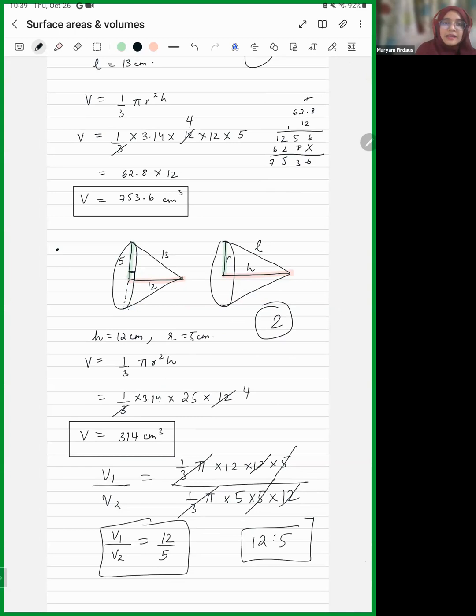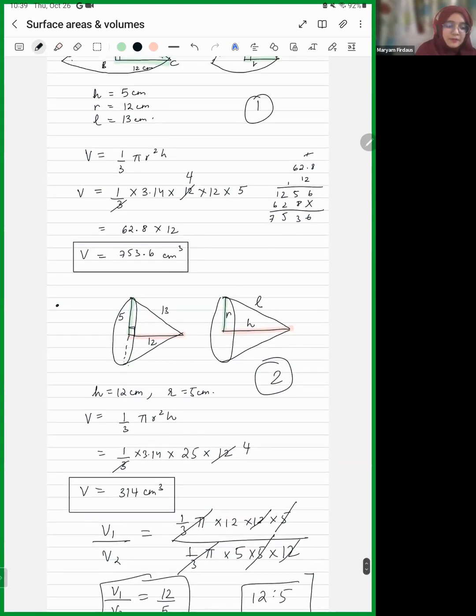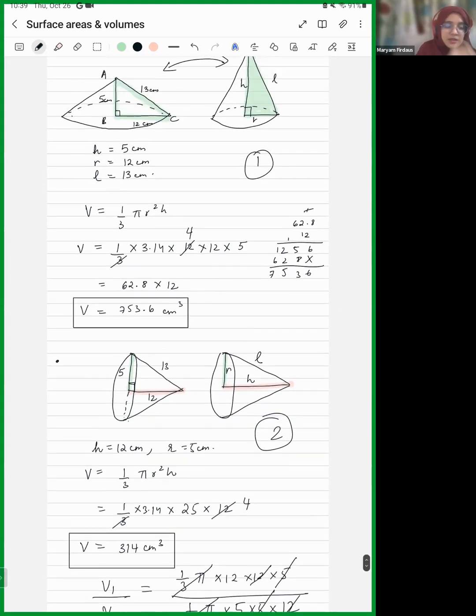And do you see how we are getting that ratio? 12 by 5. Can you see where else we have 12 and 5 in this? See, the ratio is coming when you take the ratio of both of their radii.